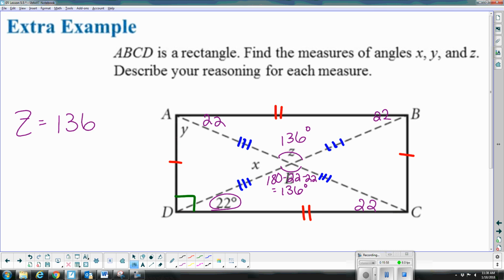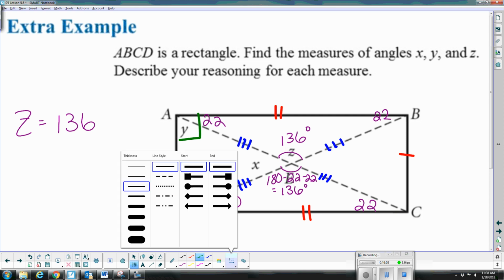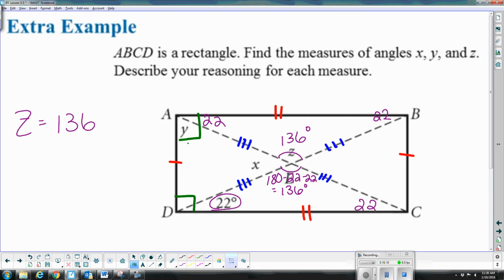Next, we know that in a rectangle all four of the angles are going to be 90 degrees. So now we can figure y. y is 90 degrees minus 22. So y is 68 degrees.